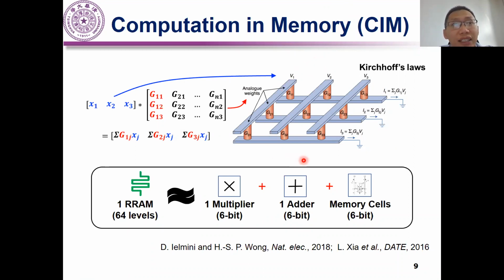The computing task is a vector matrix multiplication, which is a basic operation in neural network algorithms. With an RRAM array, it is very easy to finish this computing. We just map the input vector as the applied voltage on the array, and the weight matrix is mapped to the conductance of the RRAM array. Then the output current is the result of the matrix multiplication.